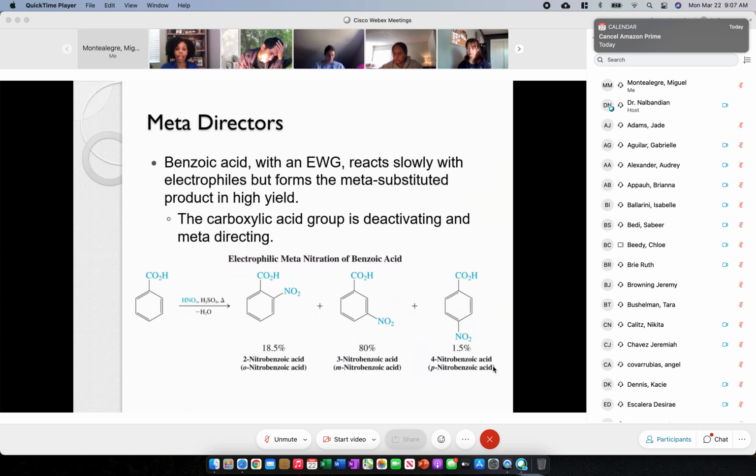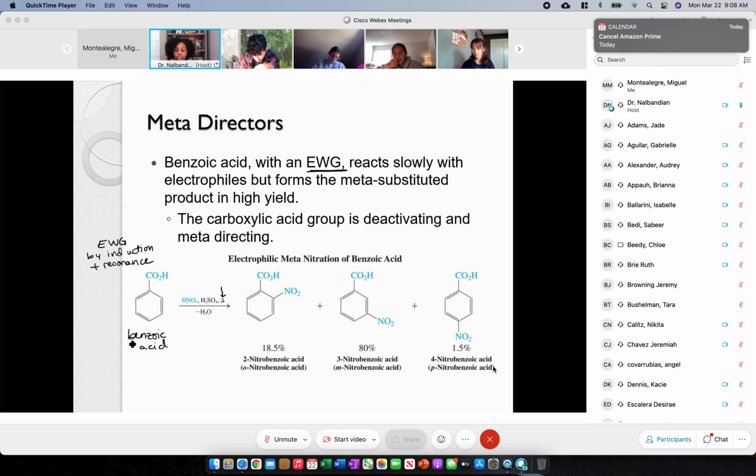All right, so then we have here an electron withdrawing group. Now this is electron withdrawing by induction and resonance. This carboxylic acid, we have benzoic acid. So whenever we have any kind of a group that is an electron withdrawing group by induction and resonance, this is going to react slowly.